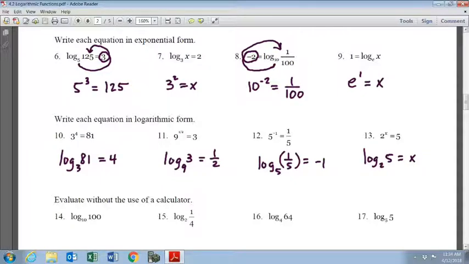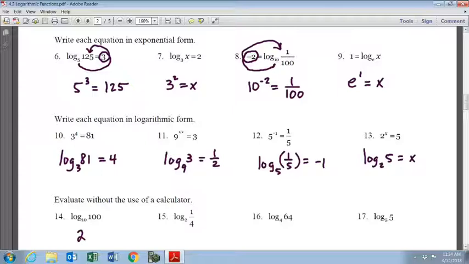All right. So if you look at number 14, it says evaluate without the use of a calculator. Now a logarithm essentially represents an exponent. So if you look at number 14, it's the exponent you put on a base of 10 to get an answer of 100. Well, 10 squared would be 100, and so we get 2.